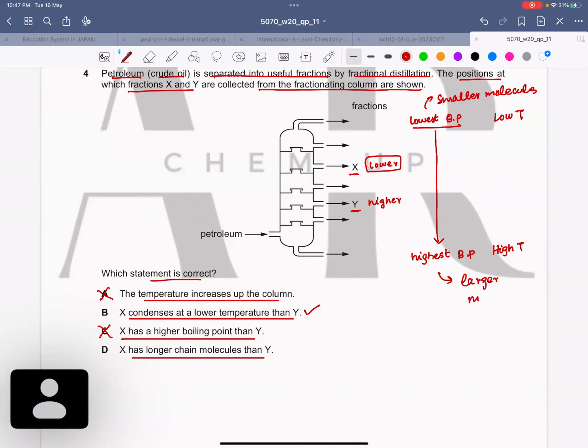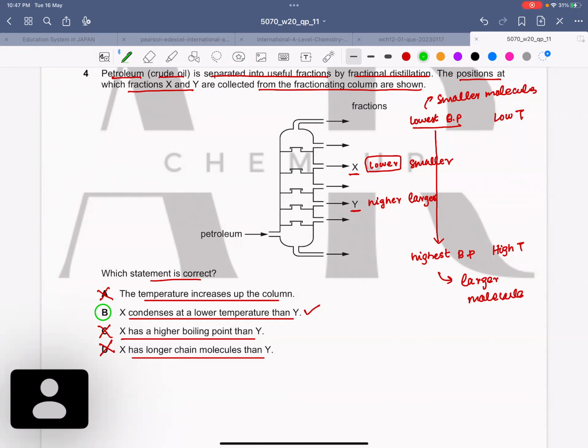So the molecules in Y would be larger and the molecules in fraction X would be smaller. So D also goes wrong and it clearly indicates that our B option is correct. Is this clear to everyone? Yes. Okay.